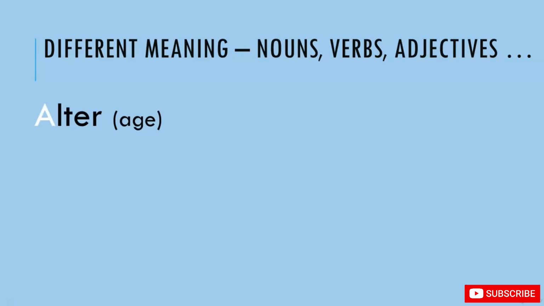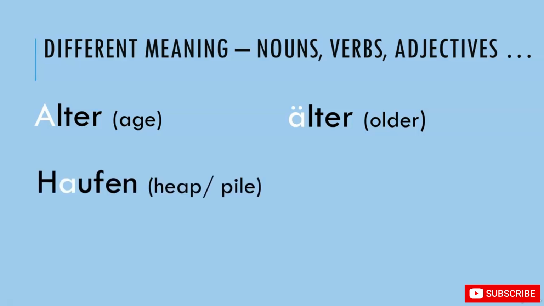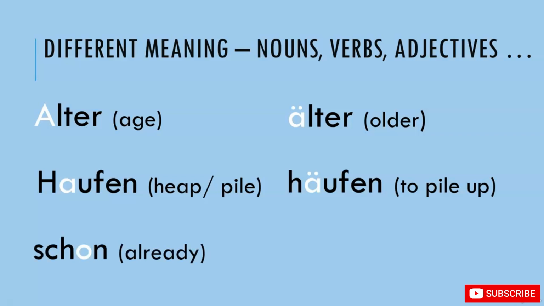Das Alter, which is the age, but älter means older. Haufen, which is the heap or the pile, and Häufen is to pile up. Schon, already, and schön, which is pretty.